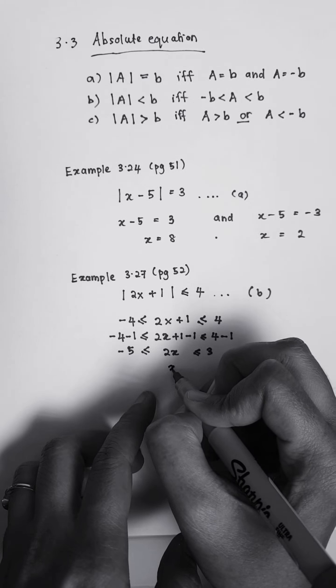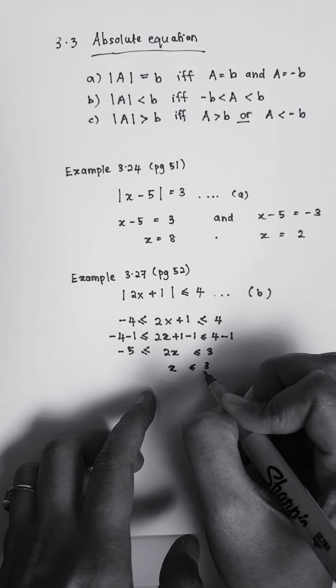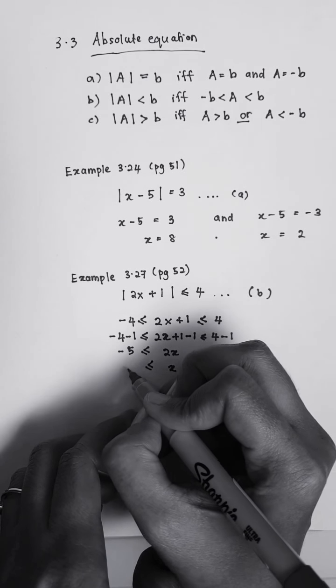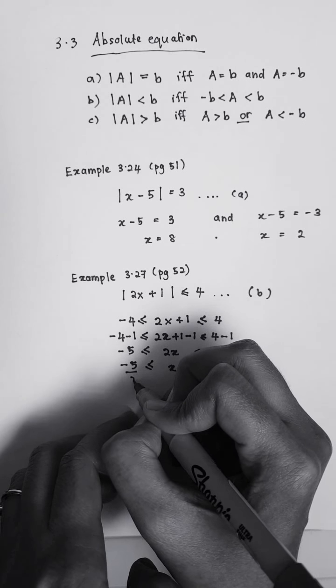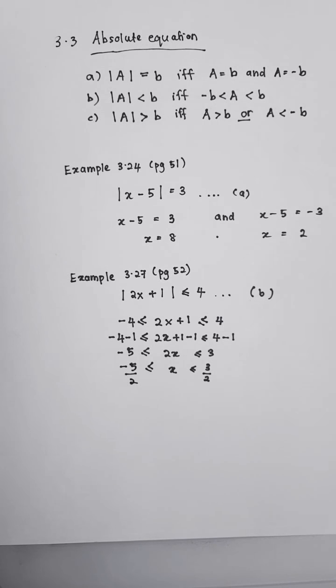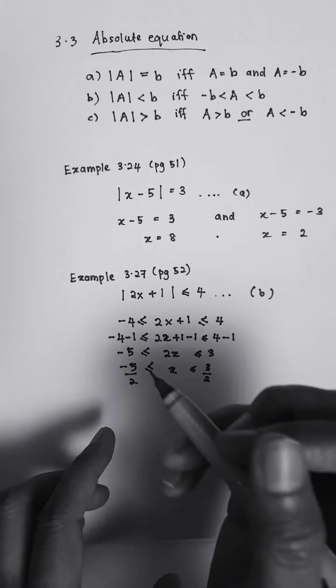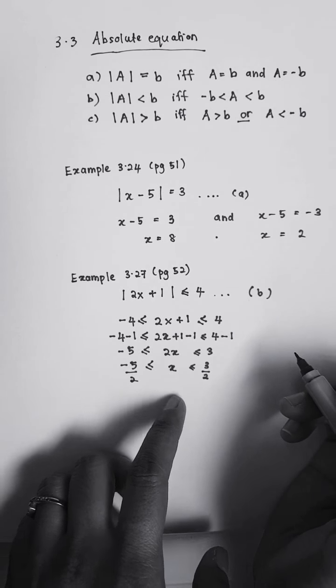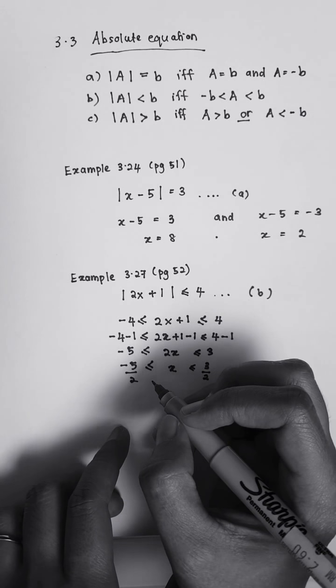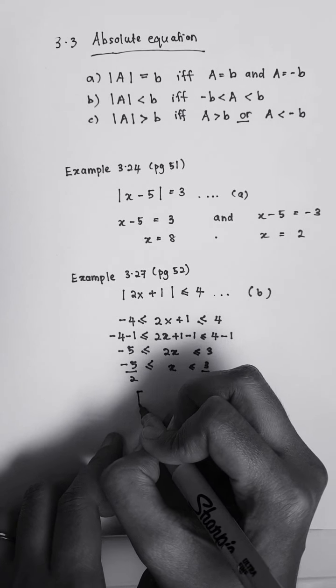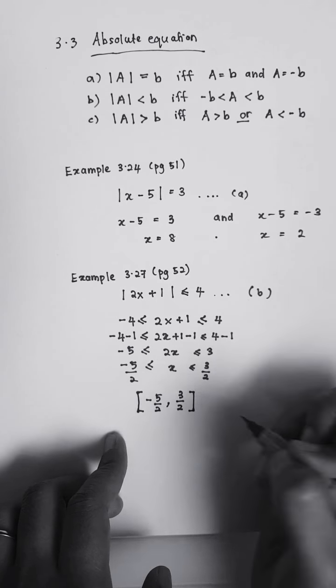So we get x is between negative 5 over 2 and 3 over 2. The solution is the real numbers in the closed interval. If you want to write the solution in interval notation, it will become closed bracket negative 5 over 2, 3 over 2, closed bracket.